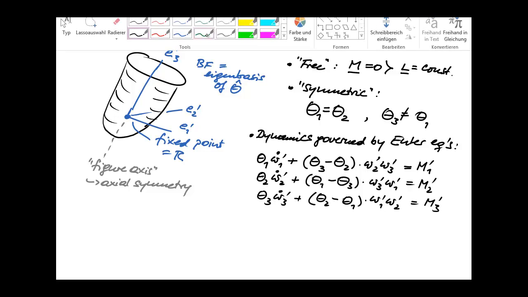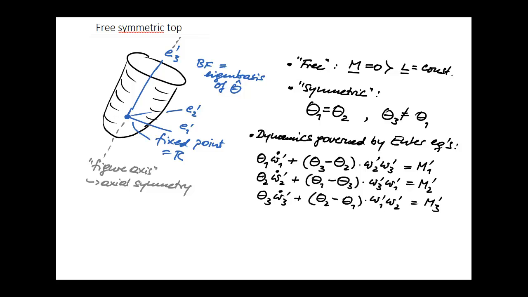First of all, the assumption that the top is free implies that there is no moment of force, and the right-hand sides of these three equations are all zero. Secondly, we assumed symmetry. So as a result, two of the three eigenvalues are equal, theta 2 and theta 1, the two eigenvalues of the moment of inertia are equal, and therefore this difference is equal to 0.